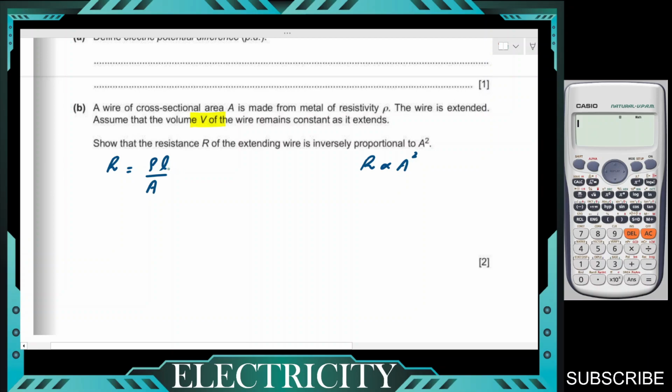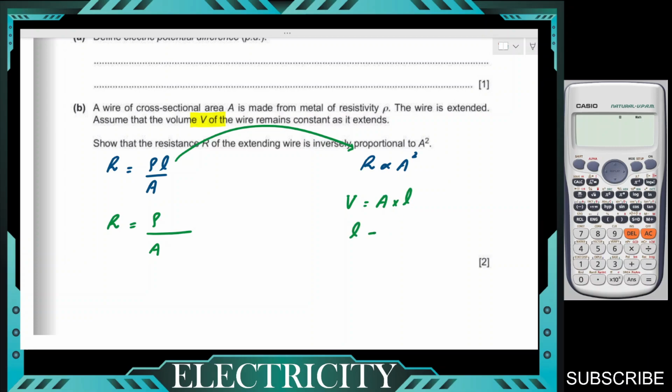So we have to get rid of the length here, because in order to convert it into this thing, you need to get rid of the length. So let me write A as it is. So length can be written as, if volume of the cylinder, volume of the conductor is area times length, the cross-section area times length, then length would equal volume divided by area.